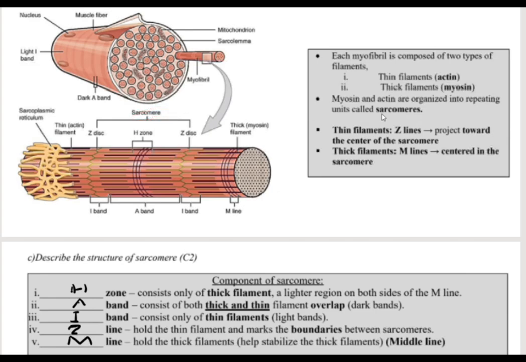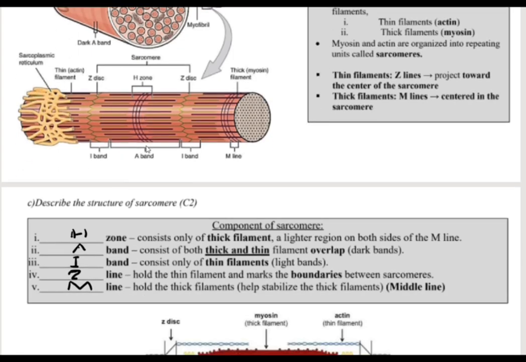It is made up of the repeating organized myosin and actin here and here. Other than that, we have the Z disc, the H zone, the I band, the A band, and the M line. And the last one, we have the sarcoplasmic reticulum. The function of the sarcoplasmic reticulum is to store calcium inside the muscle fiber for muscle contraction.